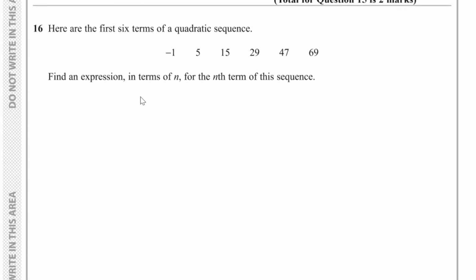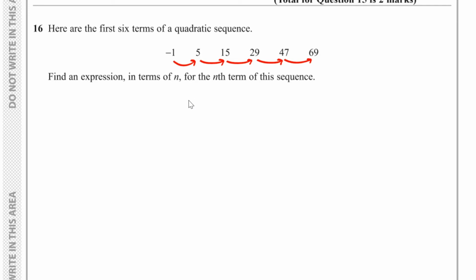Question 16. Here are the first 6 terms of a quadratic sequence. We have minus 1, 5, 15, 29, 47 and 69. We have to find an expression in terms of n for the nth term of this sequence. First of all, we can find the difference between each term.